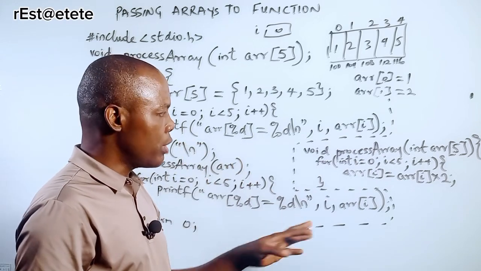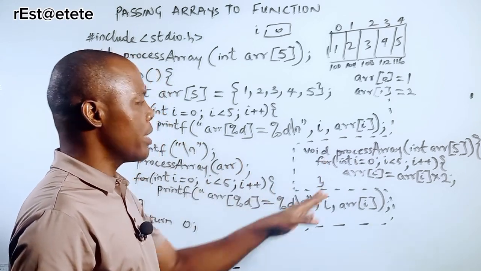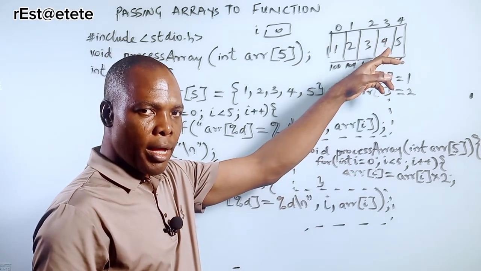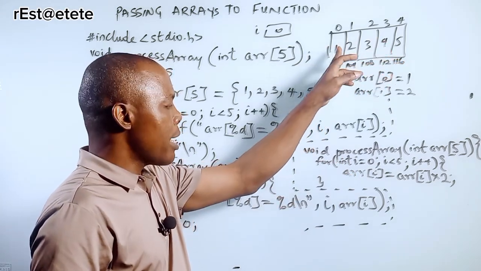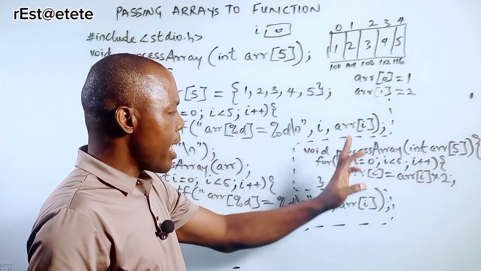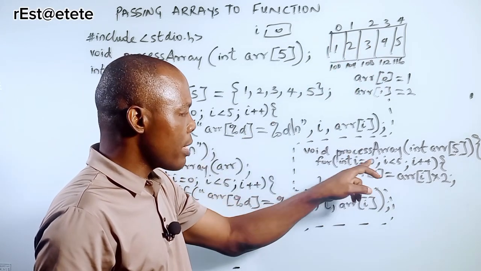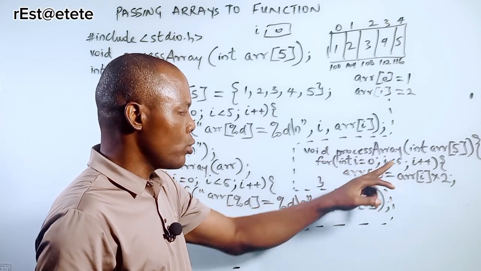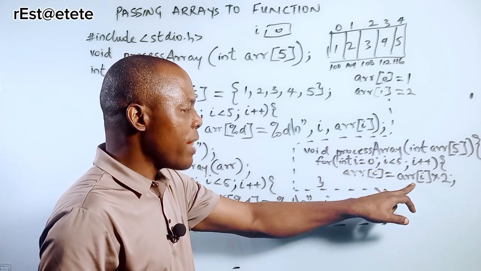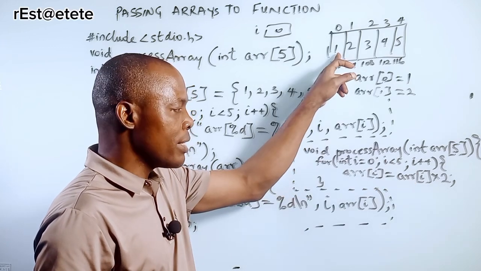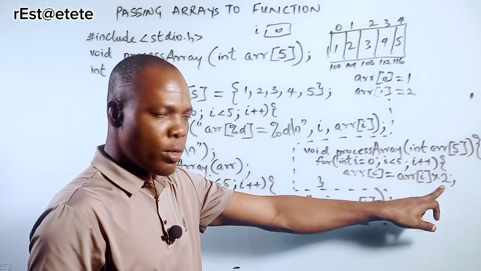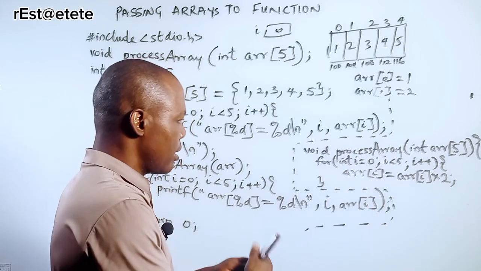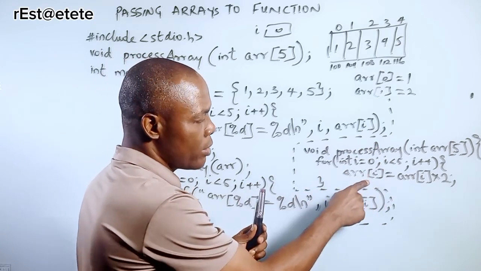And what am I doing with this function? I am just simply saying that I will traverse each of these array elements. I will come in, I will assign 0 to I, I less than 5, that is true, I will come in. Then I will multiply whatever value I see in that place by 2 and reassign it back to this place.